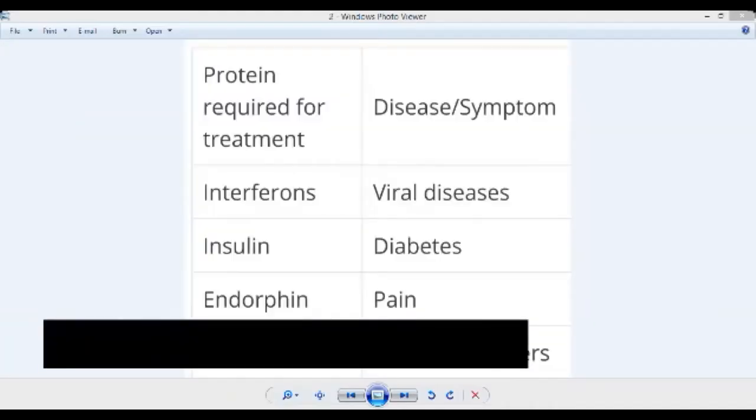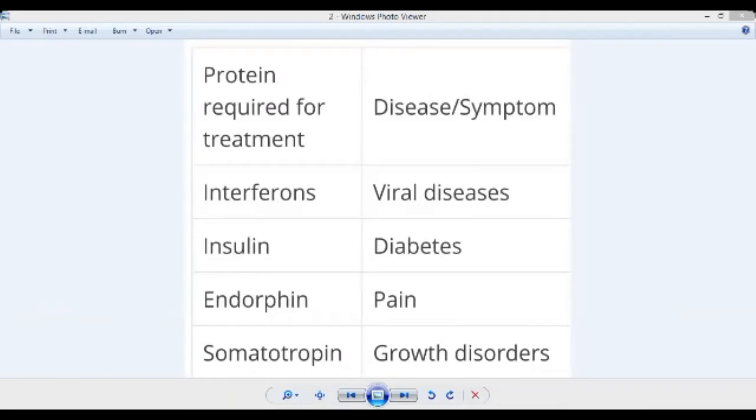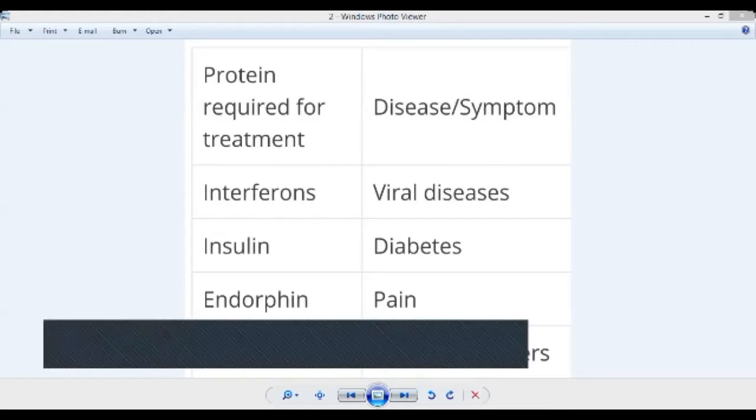Here you can see the proteins produced with genetic engineering. Interferons are proteins produced for the treatment of viral diseases.